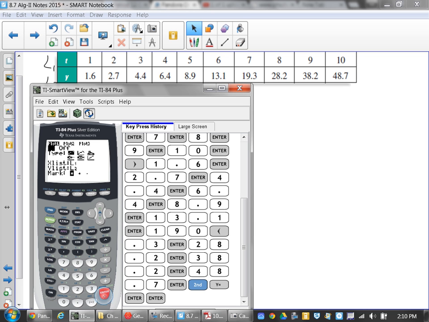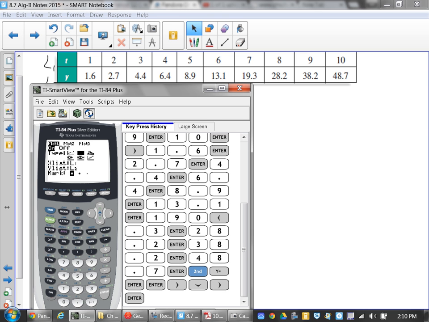I have to make mine move over. Now, the next one helps you pick the type of graph. I personally like using this second graph. It gives you all the dots, but it's going to connect them. It's going to look more like connected dots. My x and y should default to L1, L2, which is what we want. And now we go ahead and graph it.